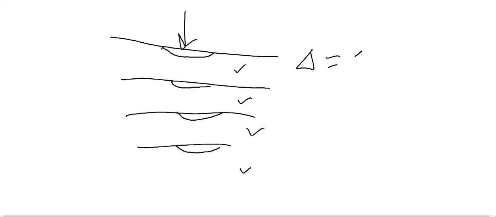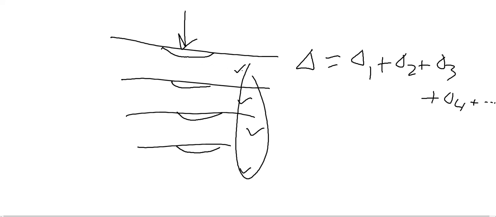The summation of this will be delta 1, delta 2, delta 3, delta 4, whatever your number of layers is. So it is the summation of all layers. It's a permanent deformation.